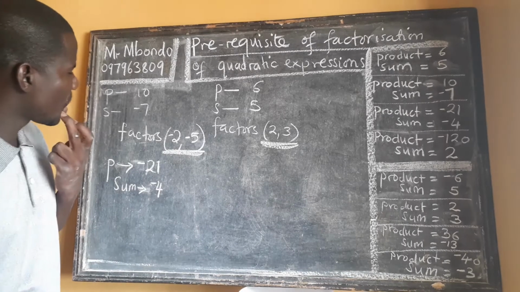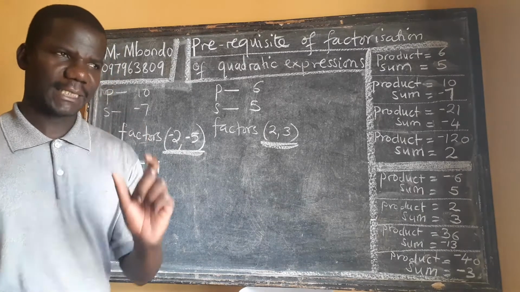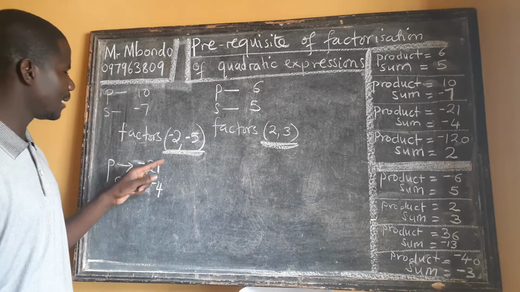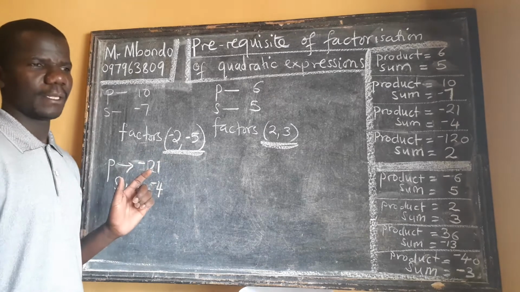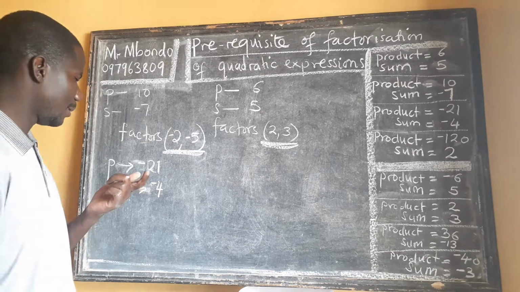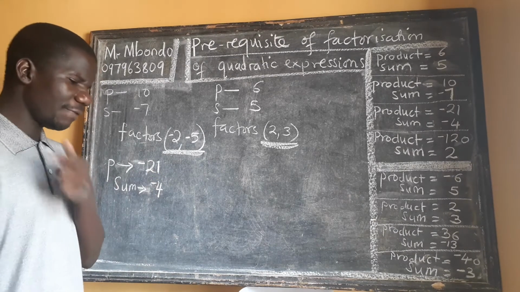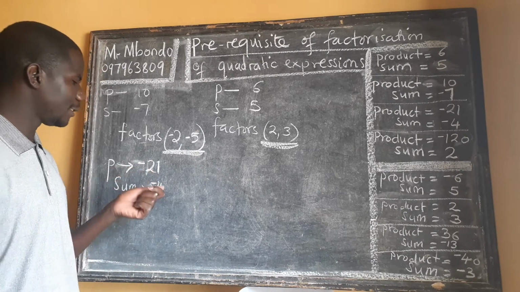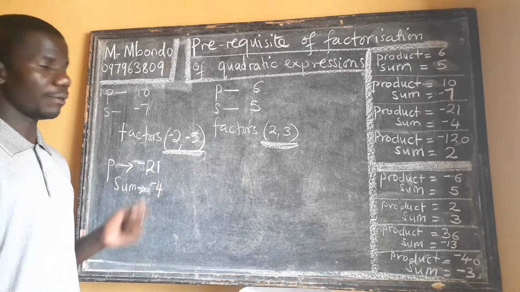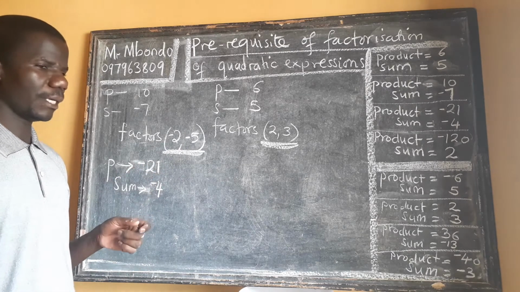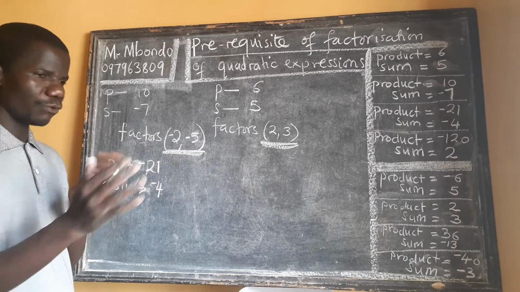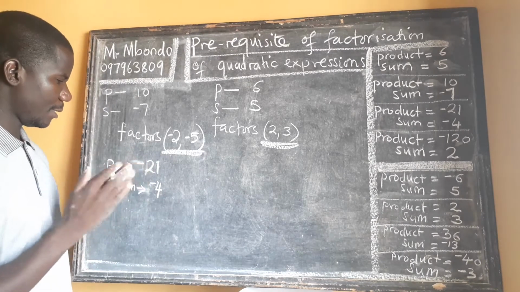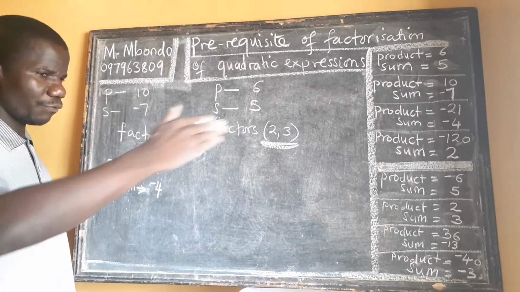So we are looking at the factors. The factors of what? The factors of 21. The factors of a product. Except that those factors are given a condition that they must also add to this sum. But we're finding the factors of 21. Okay? So you need to look at all the factors of 21.